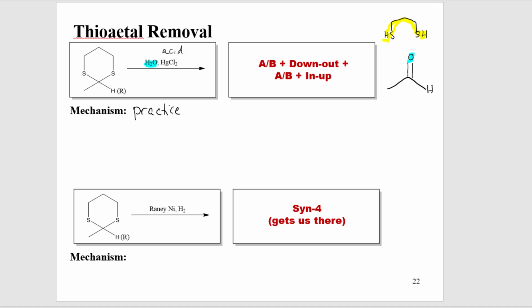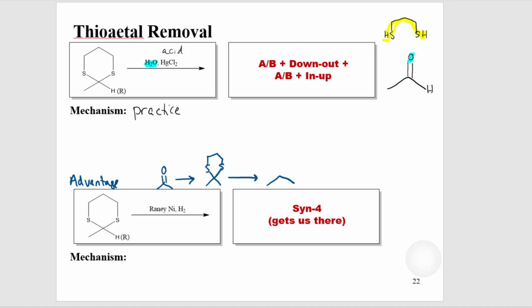Now, the last thing that I'm going to show you is another advantage. In addition to being stronger, a second advantage for thioacetals is that if you make a thioacetal from a carbonyl, you can do a second reaction and completely reduce away the functional group like it was never there.